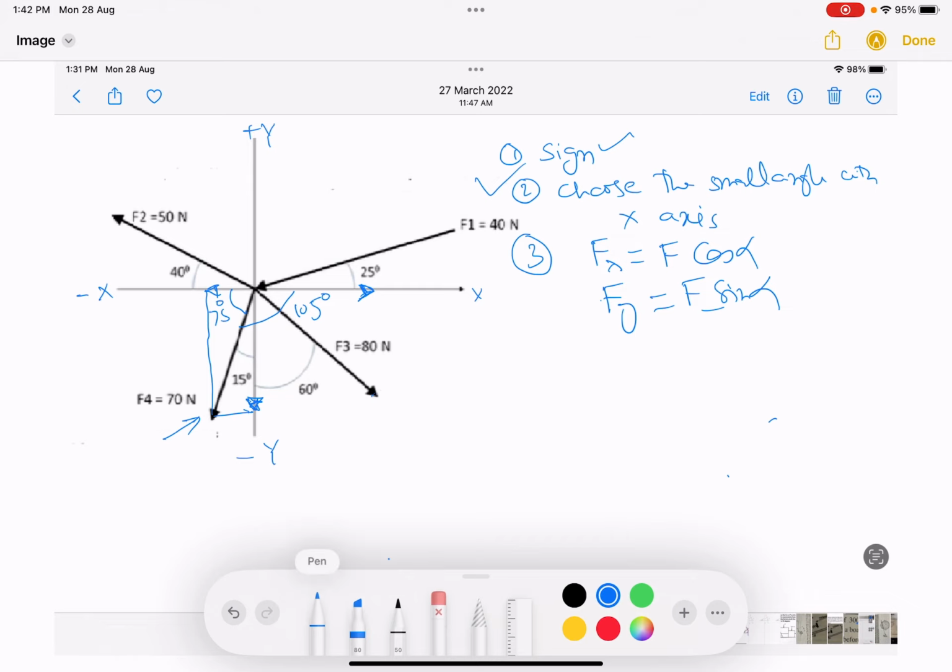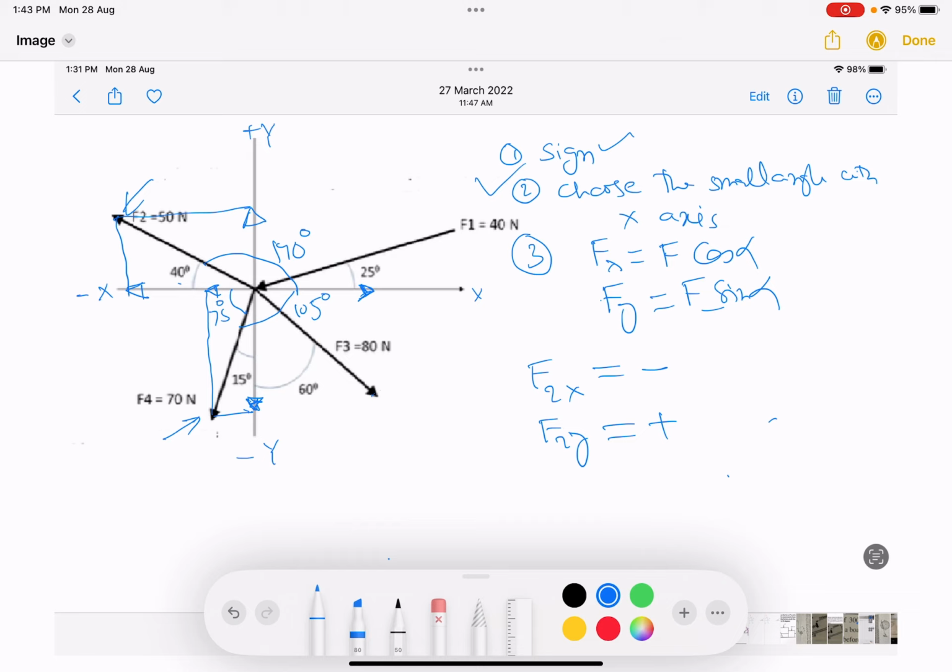Okay, now let's consider force F2. So we want to find out F2x. It's simple. First write the sign. When you resolve it along x, the arrowhead goes towards left. So the sign is minus. F2y: when you resolve along y, the arrowhead is upward. So it is plus. Now what is the angle it is making with the x-axis? It is making 40 and 140.